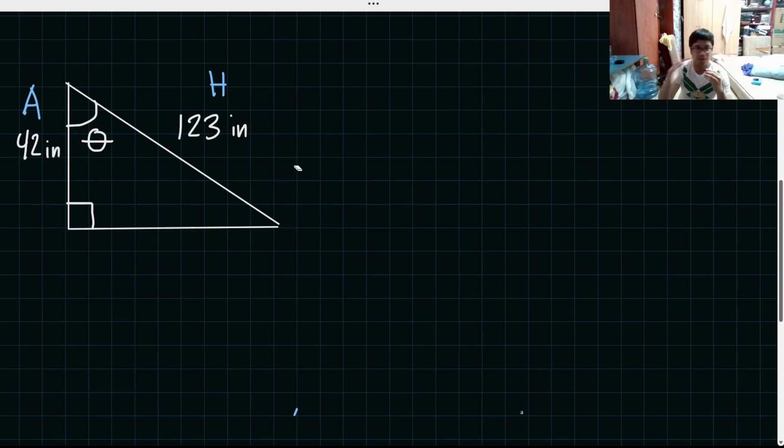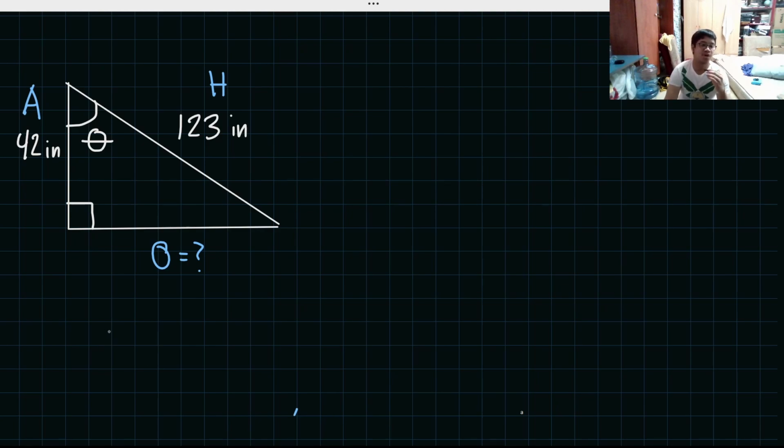Remember, I'm trying to remind you that adjacent is about being beside the angle. Now how about this one? Since it's not beside the angle, we can simply say that this is the opposite.